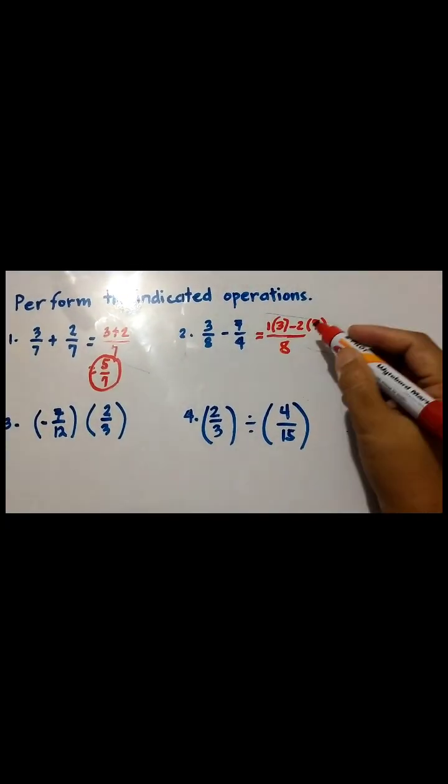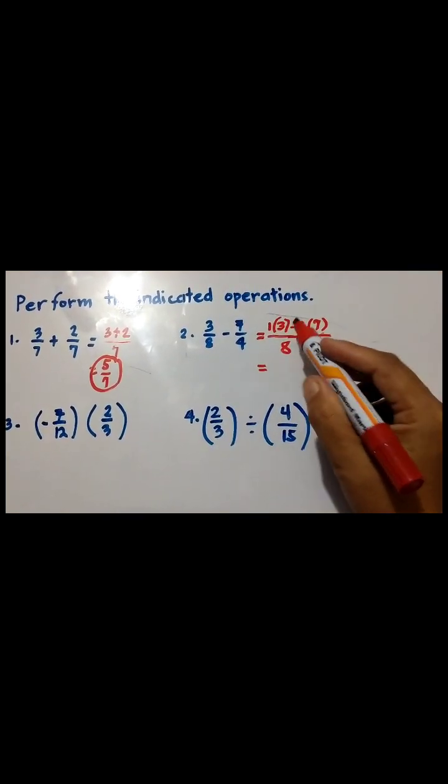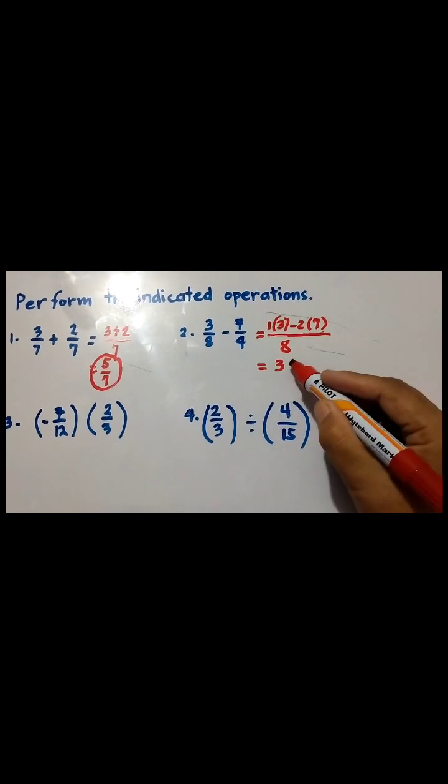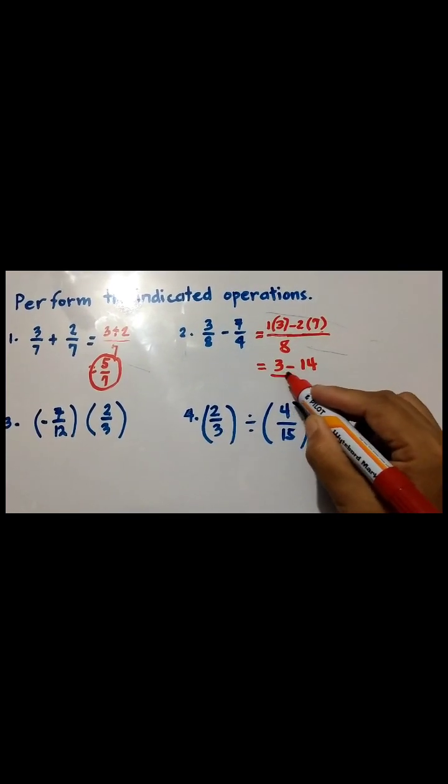And then 1 times 3, that is 3. 2 times 7, that is 14 over 8.